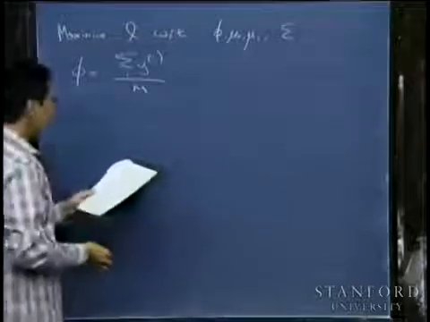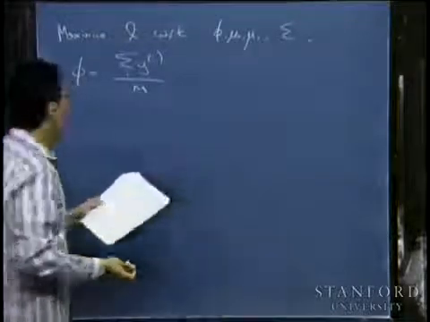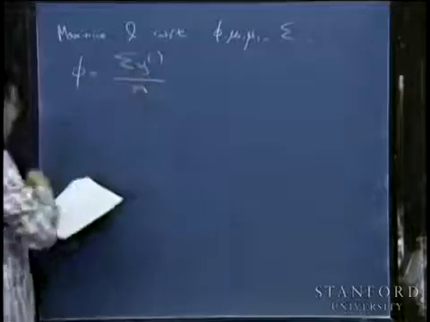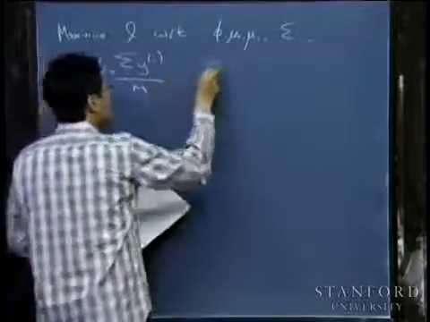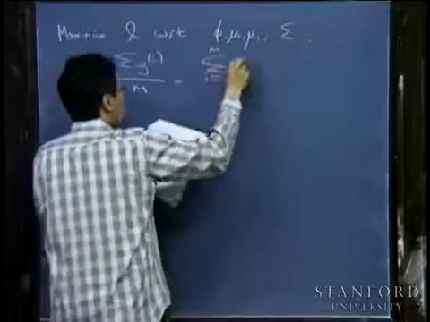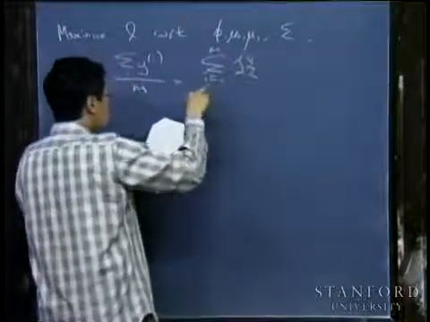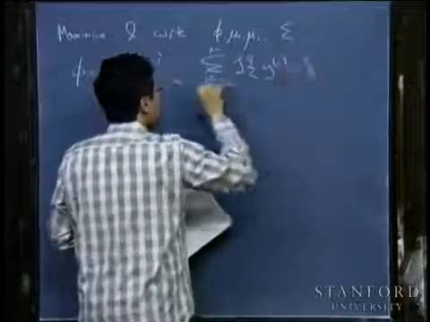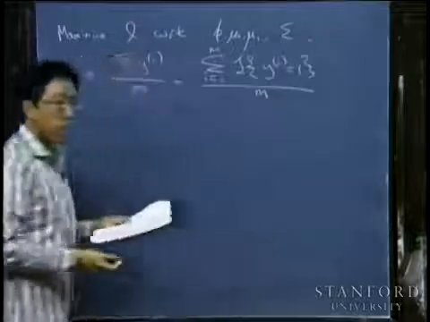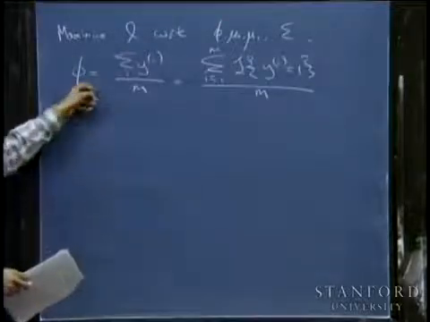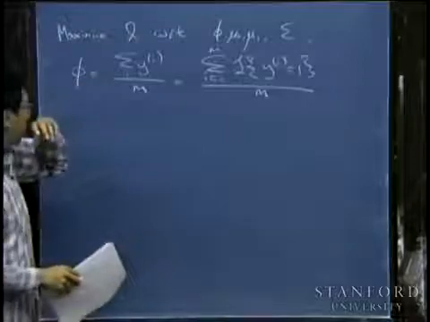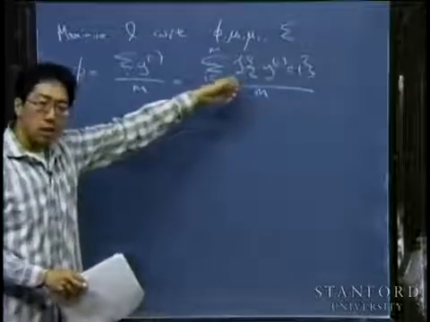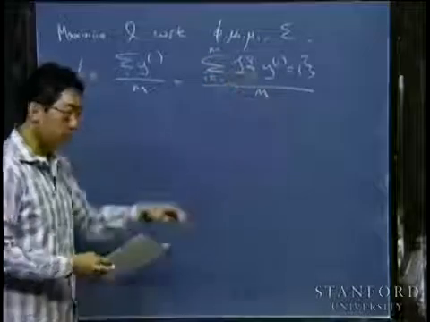I'm writing this down mainly as practice for indicator notation. So the maximum likelihood estimate for phi will be sum over i of yi divided by m, or written alternatively as sum over all your training examples of indicator yi equals 1 divided by m. In other words, the maximum likelihood estimate for the Bernoulli parameter phi is just the fraction of training examples with label 1, with y equals 1.